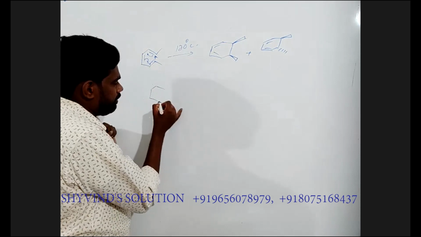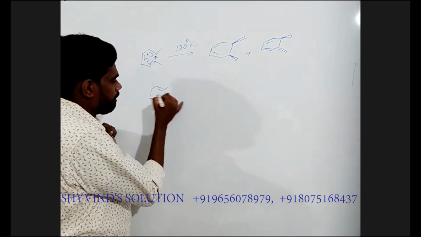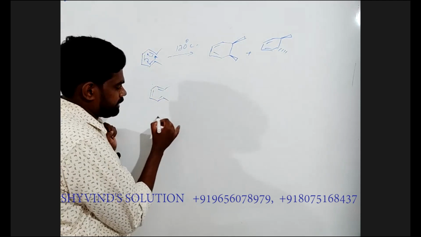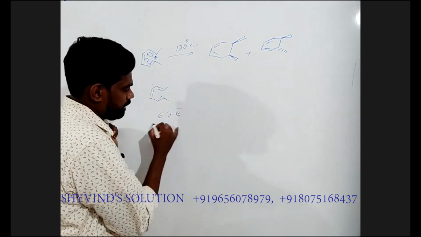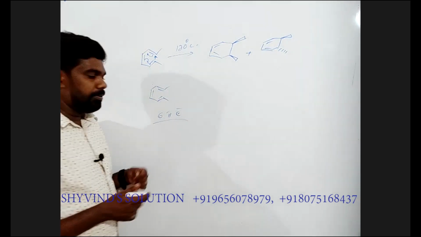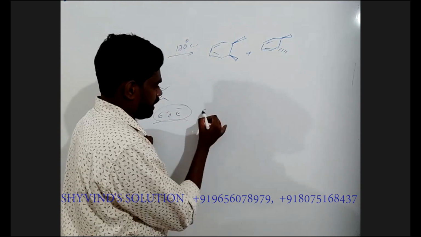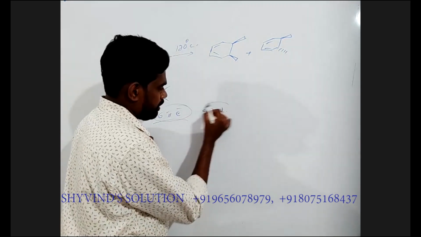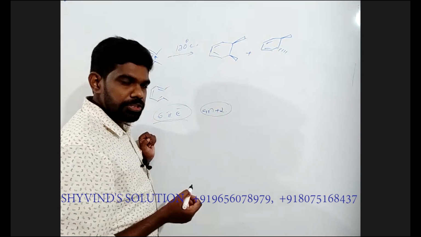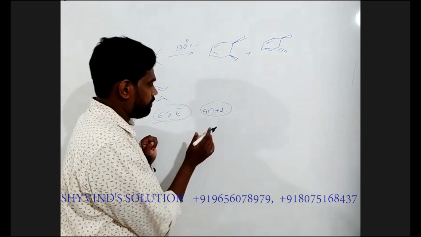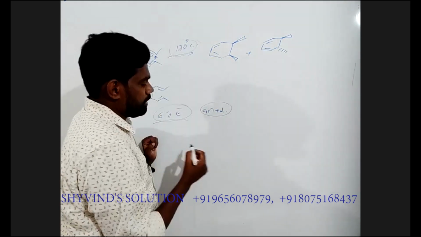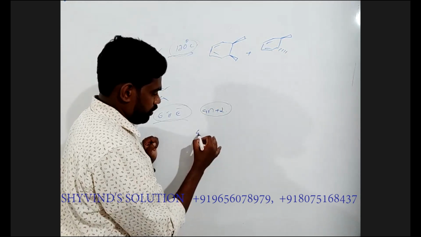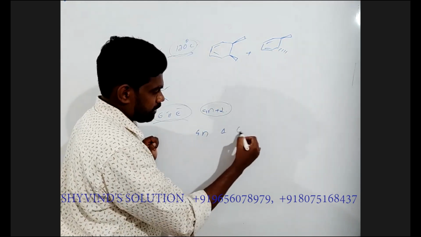Here it is given the molecule is like this, the starting compound. We have 6 pi electrons, so this is a 4n plus 2 system, and the condition is thermal. So we have 4n conrotatory, and 4n plus 2 disrotatory under thermal conditions.